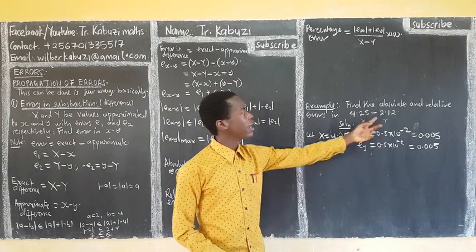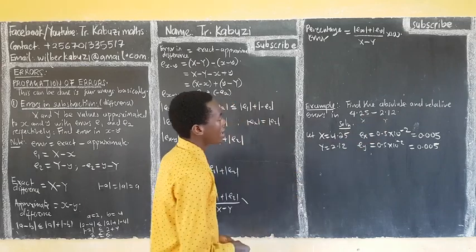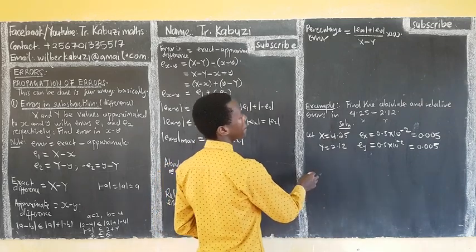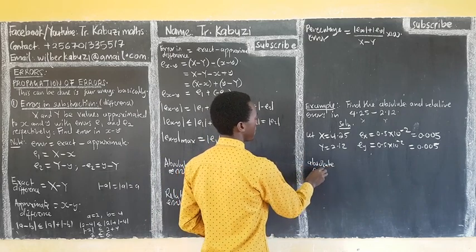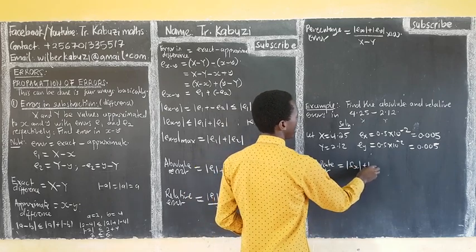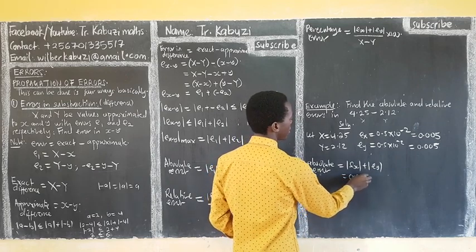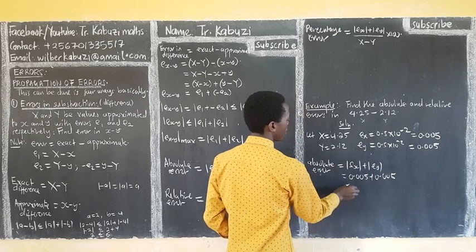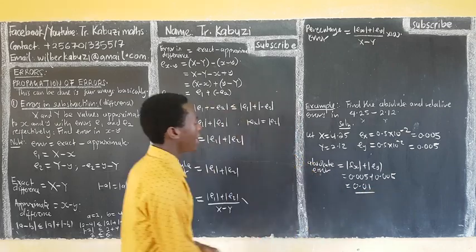But now they are asking for a difference, so our absolute error is going to be the error in x plus the error in y, or E1 plus E2, which will be 0.005 plus 0.005. When you add that, you get 0.01.